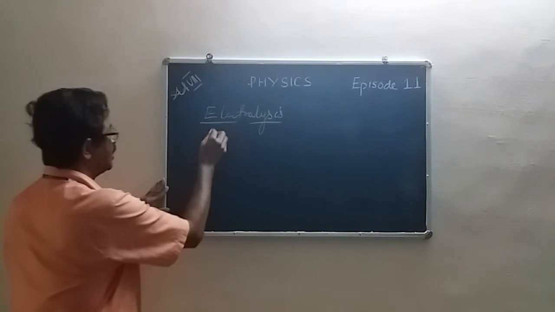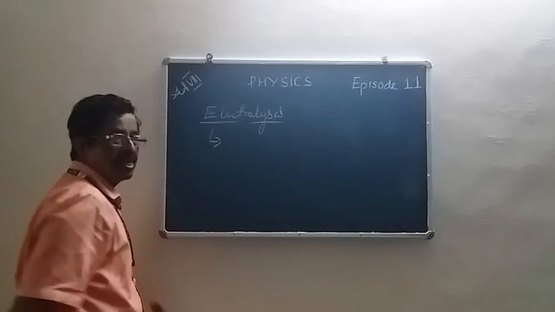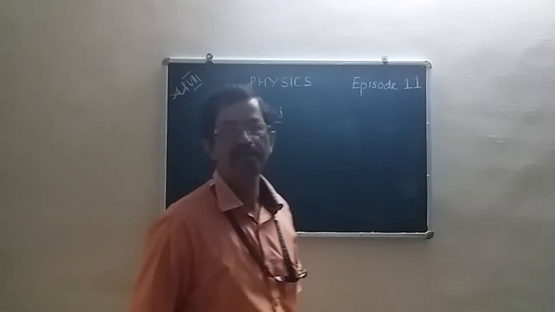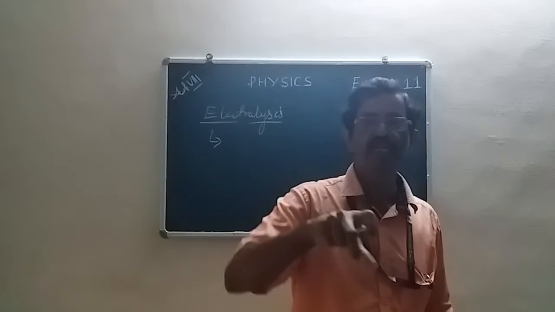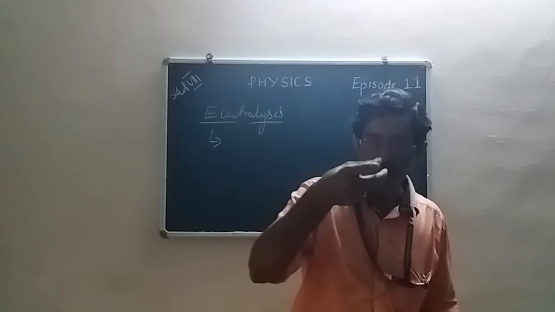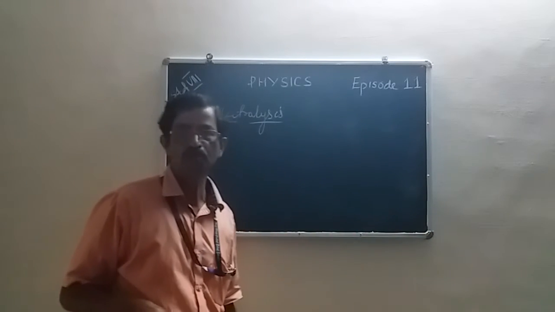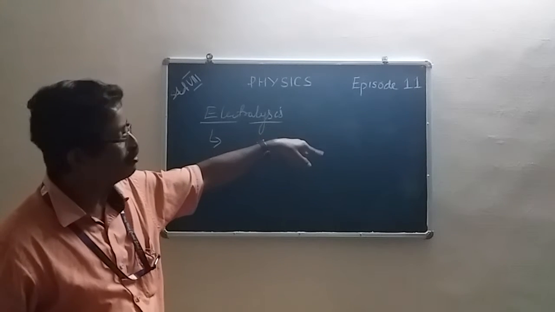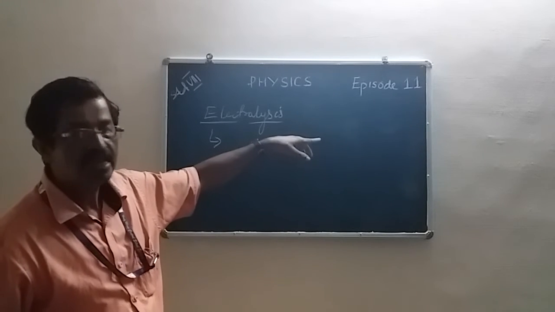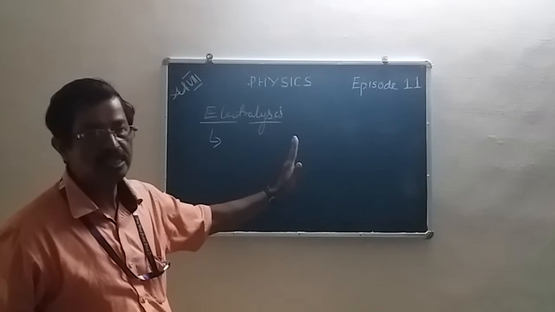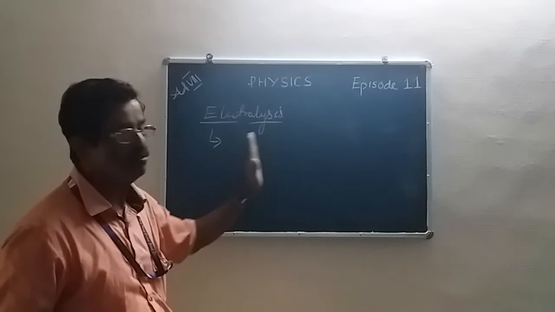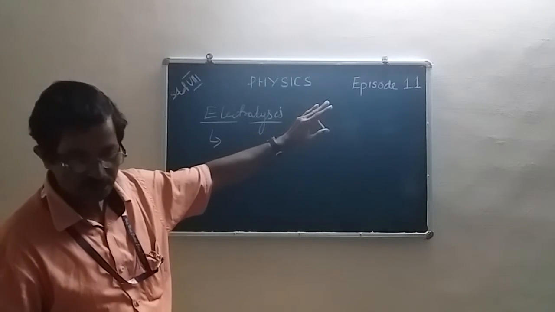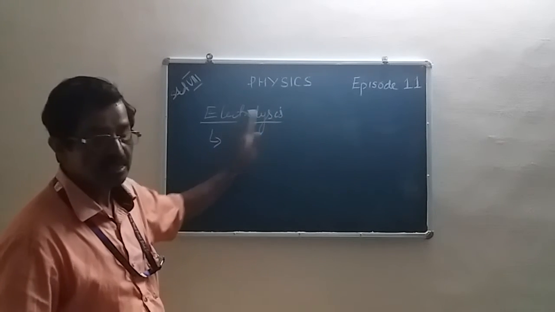Electro means electricity and lysis means breakdown. That means with the help of electricity a breakdown is occurring. Because of that, in the activity we got bubbles forming at the two electrodes. At one electrode there is oxygen and at the other electrode there is hydrogen.